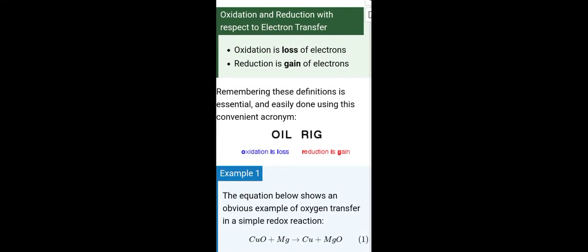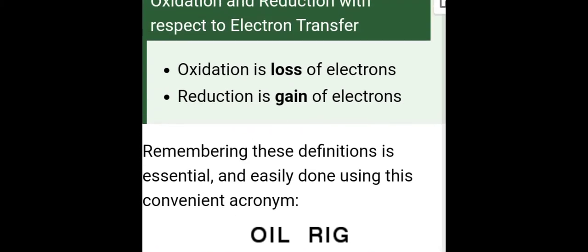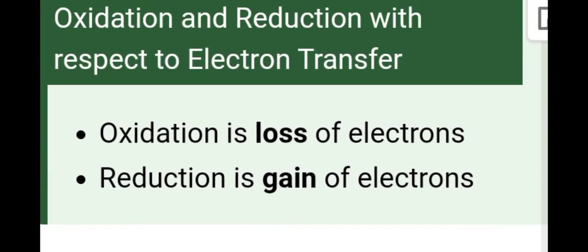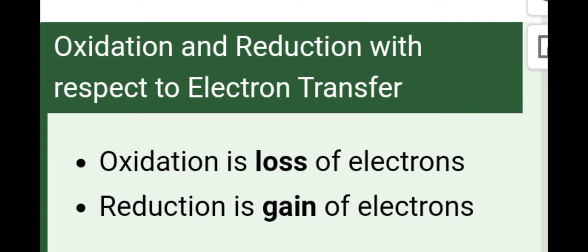The third definition, or third method of identification of oxidation and reduction in any reaction, is with respect to electron transfer. Oxidation occurs by the loss of electrons and reduction is gain of electrons.